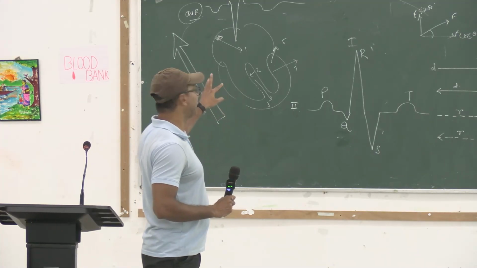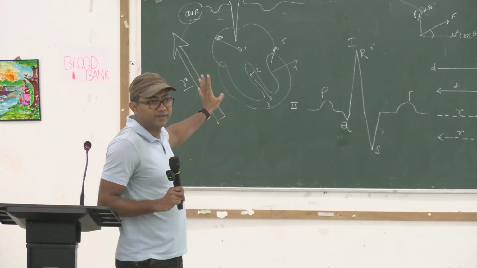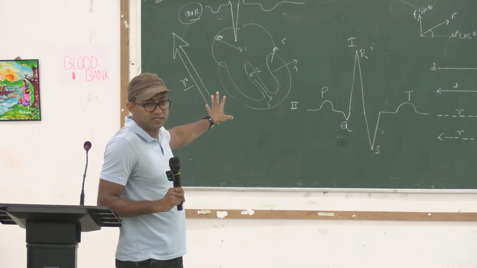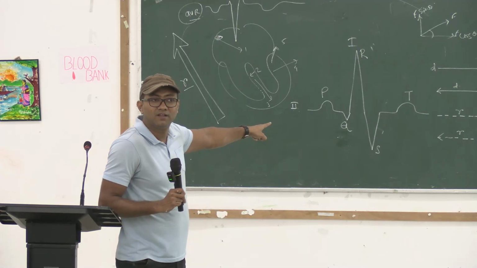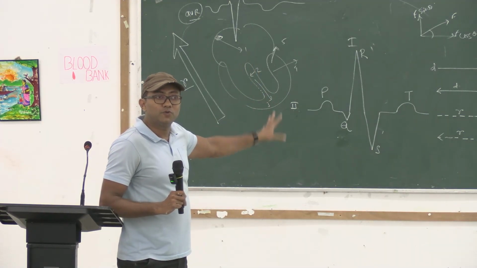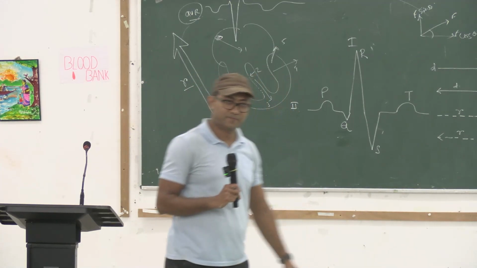The S wave is due to combined 4 and 5, ventricular free wall depolarization and posterior basal part of the heart depolarization. And the T wave is due to ventricular repolarization.